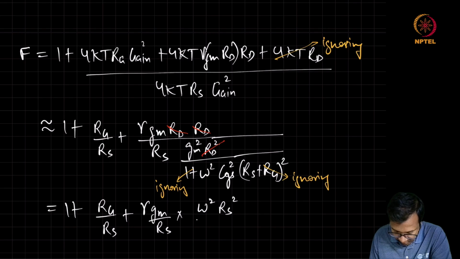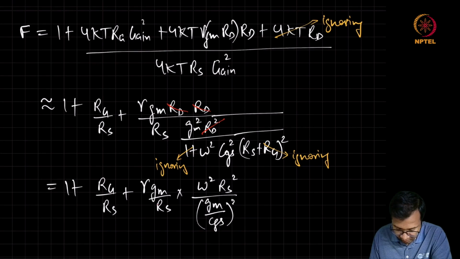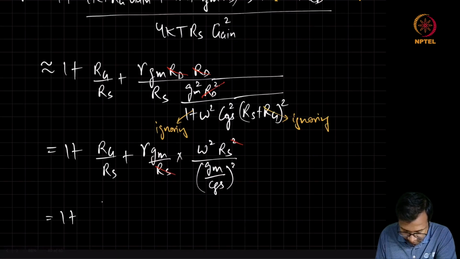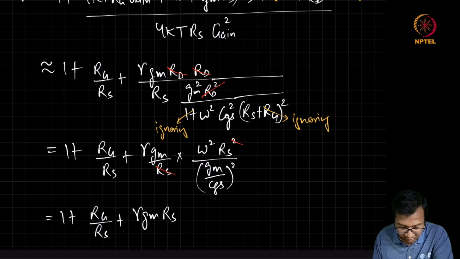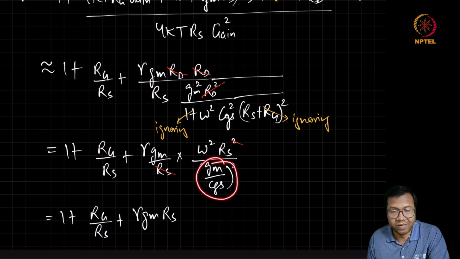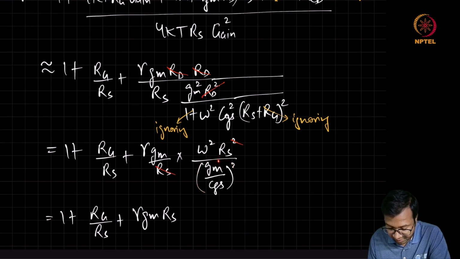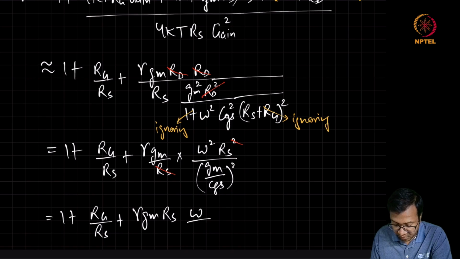And if you simplify, then you get in the denominator Gm by Cgs whole square, is 1 plus Rg by Rs plus gamma Gm Rs into omega square by this Gm by Cgs. And we can see that this Gm by Cgs will be having the dimensions of a frequency. I will define the Gm by Cgs as omega t.